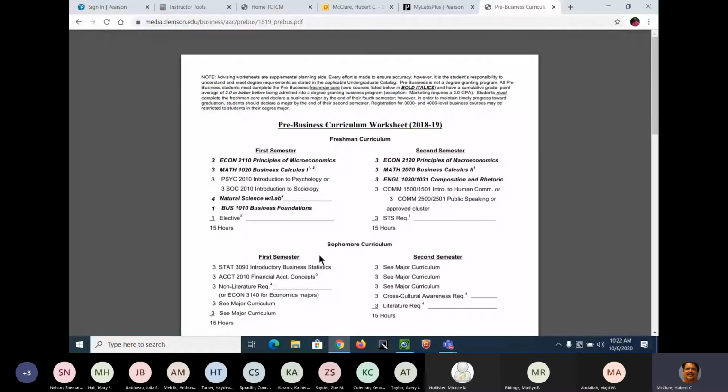So if I was anybody in marketing, business, accounting, and I was transferring to Clemson, I would take the Math 120 before I signed up for this 309.